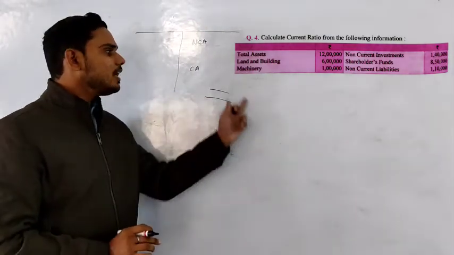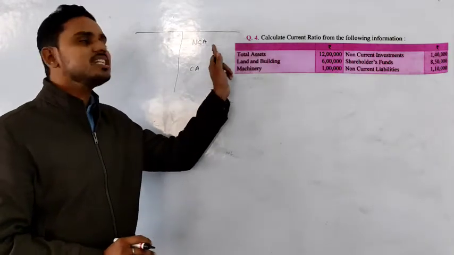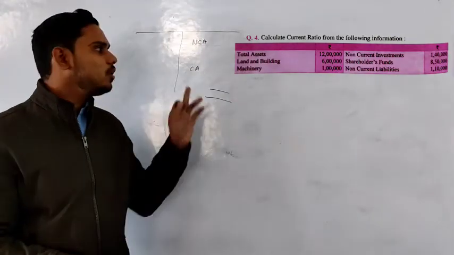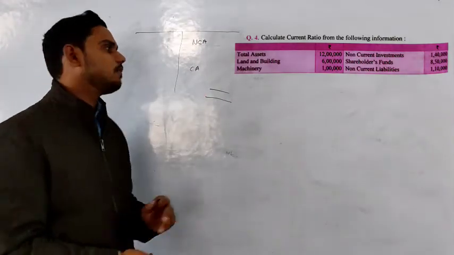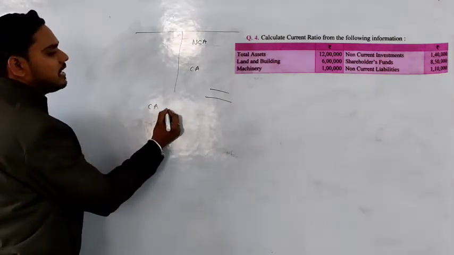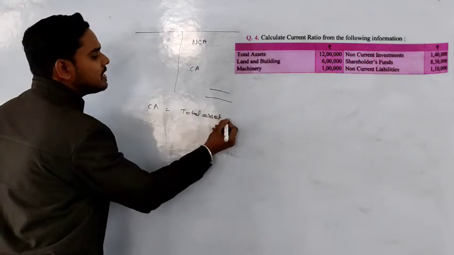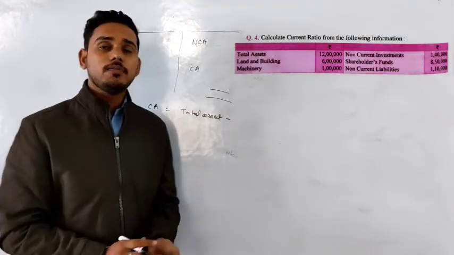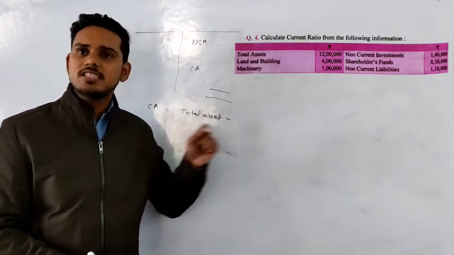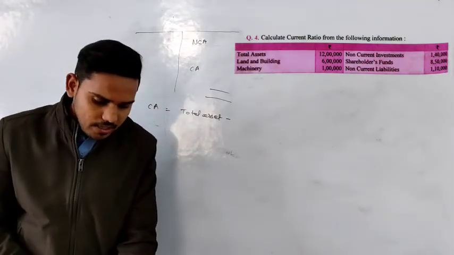If you know the total asset and some non-current assets, can you find the current asset? Yes, sir, we can. Very easy. Current asset will be total asset minus non-current asset. We will write the names of the non-current assets given in the question.